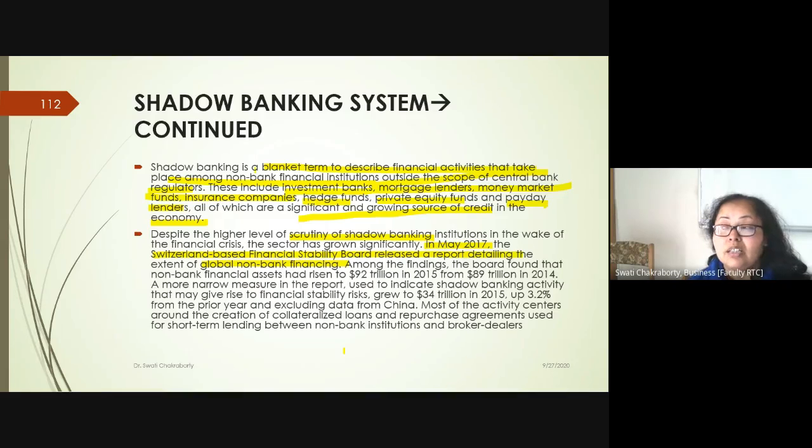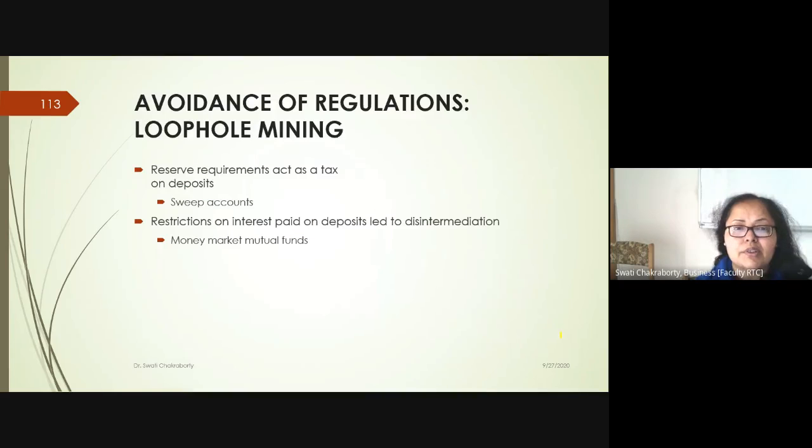That is up 3.2% from the prior year, and that excludes data from China. Okay, excluding China. Now, most of these activities center around the creation of collateralized loans and repurchase agreements. They are used for short-term lending between non-banking institutions and broker dealers, right?